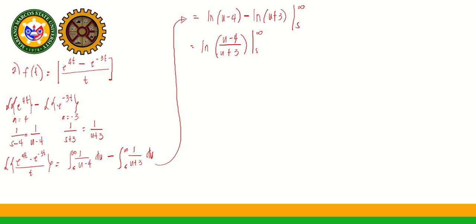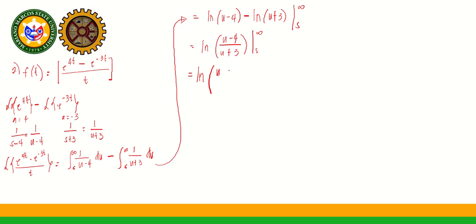So this is not advisable to use. This equation is not advisable to use. So what we should do is gaya ng ginawa natin kanina, let us isolate u or factor out natin u.